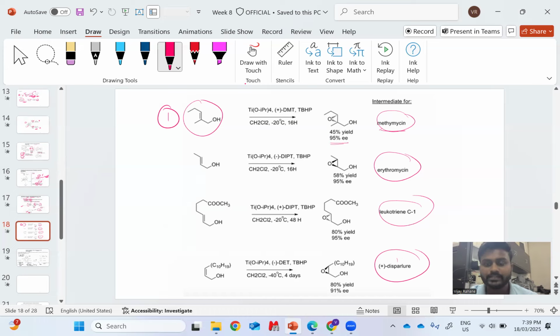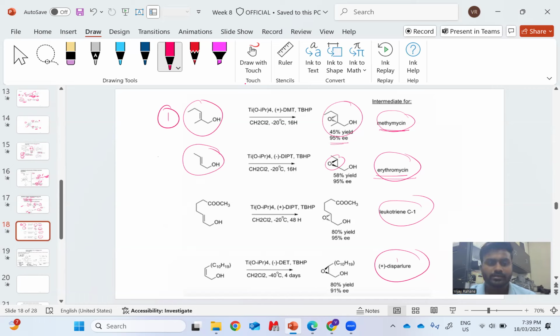For the methymycin, you need to have this enantiopure epoxide. Further, you can see another example, which is again the starting material for erythromycin.